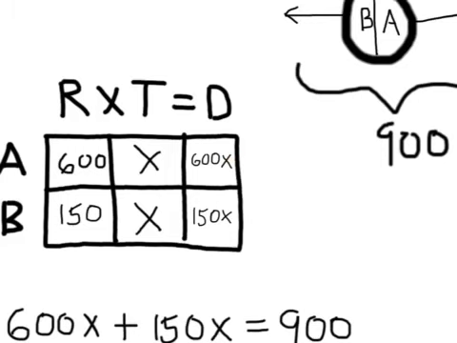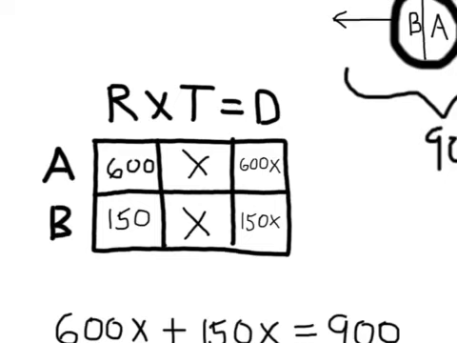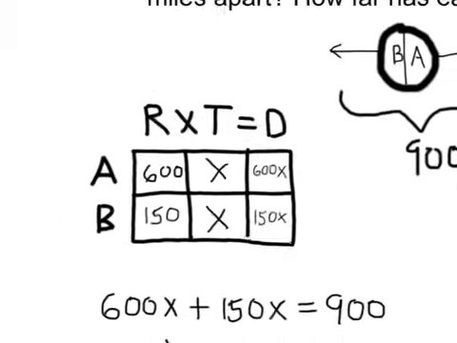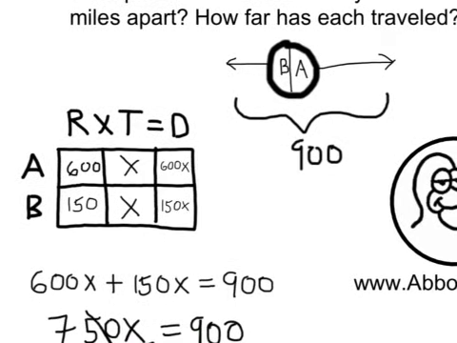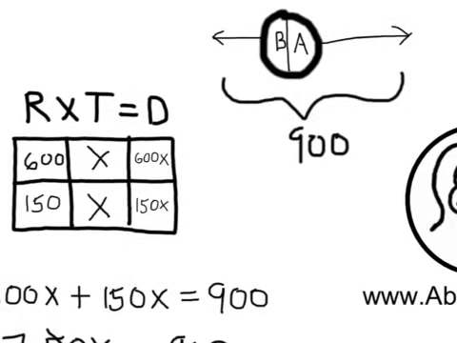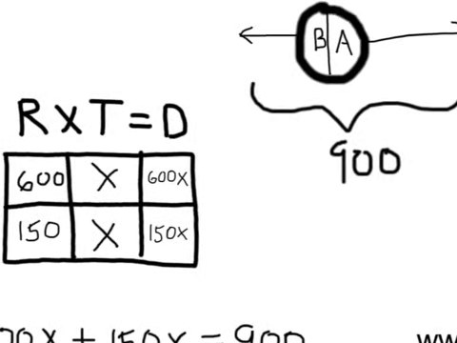So if I want to know how much distance plane A traveled, all I got to do is multiply this 600 by 6/5. Now that's something that I can do off to the side. This might not be the best thing to do, but I like to get kind of creative about where I solve the problems.